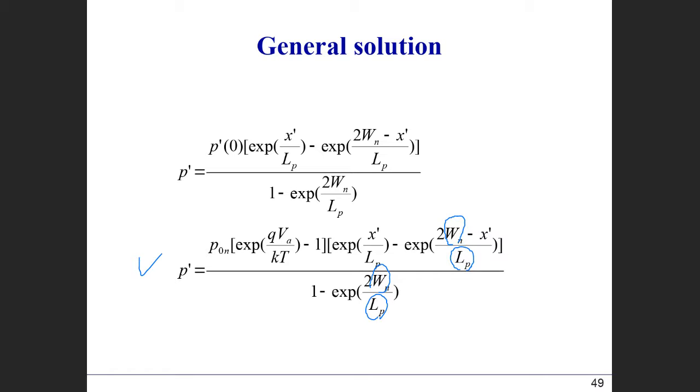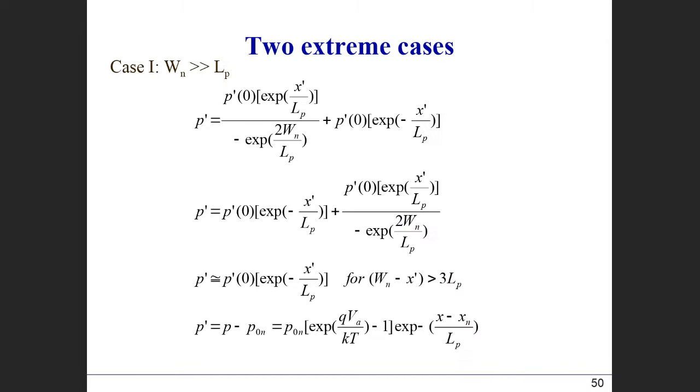Now, depending on whether Wn is much larger than the Lp or Wn is much smaller than the Lp, this equation can be simplified. That simplification follows this equation in here.